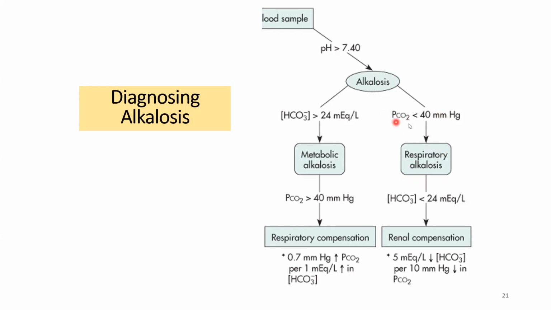You blow off extra carbon dioxide, you drop it below 40, you enter into respiratory alkalosis, which, by the way, depresses the CNS and so on and so forth. So please don't do that. Try to not do that. Try to prepare things in time. And the compensation comes from renal. And what do you want renal to do? To get basically rid of extra bicarb so that you address the alkalosis.